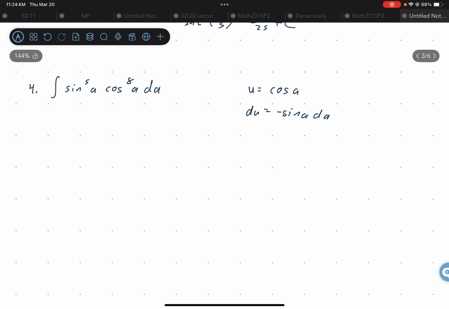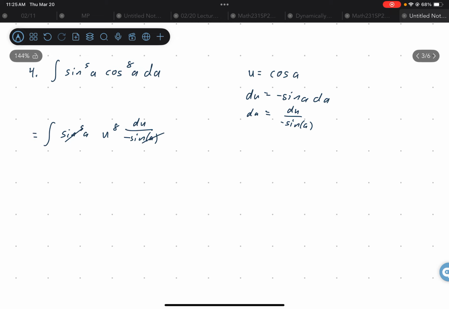Now we just start by plugging everything back in. So here's actually the other tricky thing. This is a slightly more complicated problem because then we have sine to the 5a times u to the 8, and then dA is going to be du over negative sine a. So we'll write that du over negative sine a.